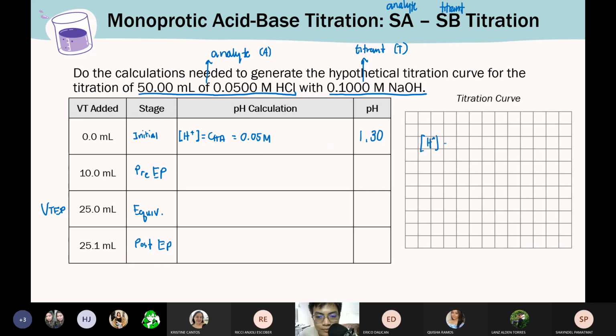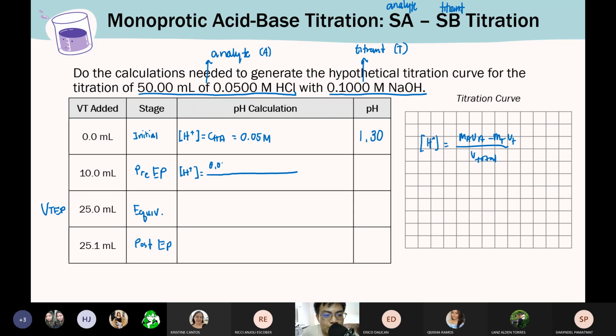H plus equals MAVA minus MTVT over the volume total. MAVA, given na yan. Given na ba yan? Oo, given na yan. This is the MA, this is the VA. So, given yan parate.